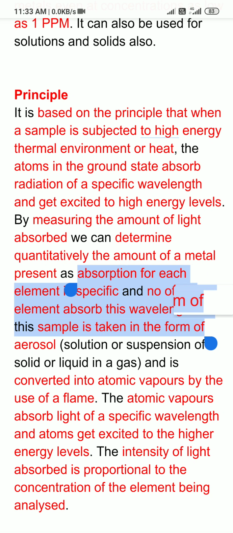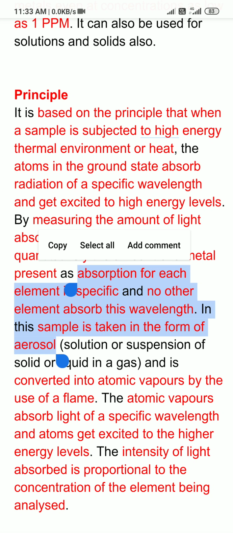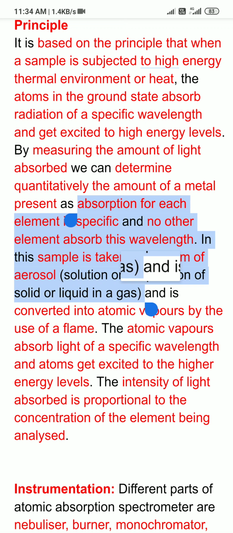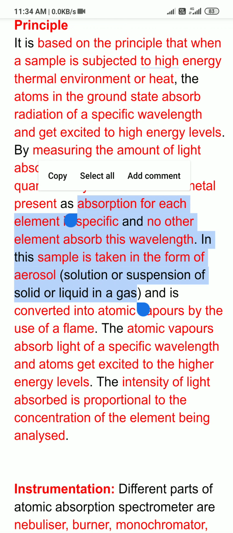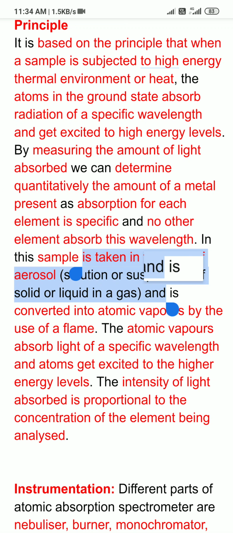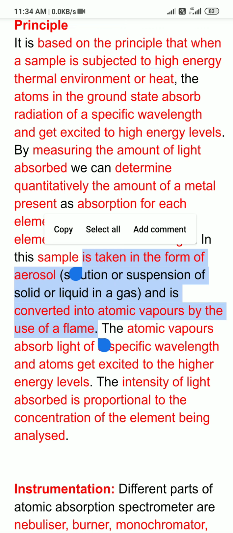Now in atomic absorption spectroscopy, the sample is taken in the form of aerosol. What is aerosol? Aerosol means a solution or suspension of a solid or a liquid in a gas. It means we are suspending a liquid or a solid in a gas. So aerosol means something like a spray, and the sample is taken in the form of aerosol or spray and is then converted into atomic vapors by the use of a flame.